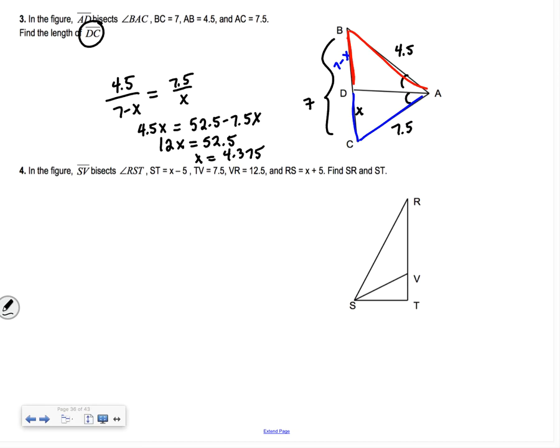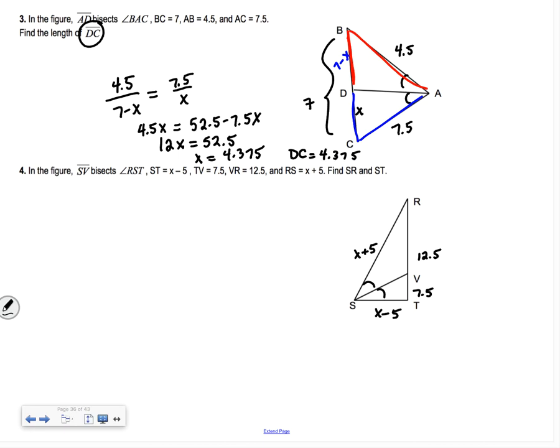You get it? So it says in the figure SV bisects angle RST. So again, angle bisector. ST is x minus 5. TV is 7.5. VR is 12.5. And RS is x plus 5. So find SR and ST. Okay, so I guess maybe here I should have said DC equals 4.375.